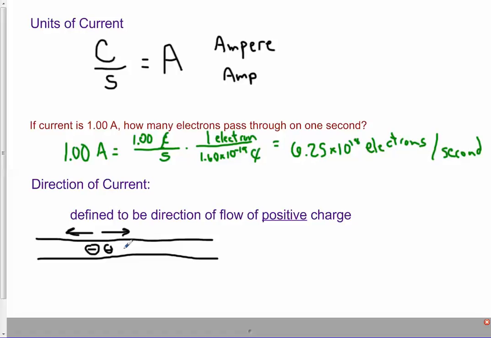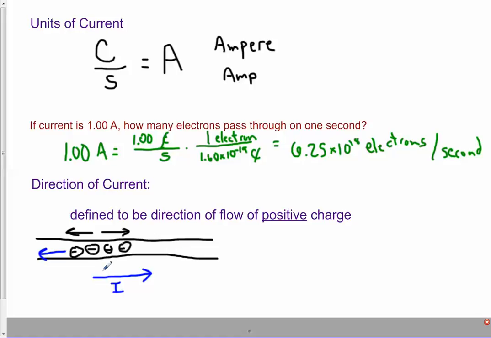So if we have electrons, let's say they're moving this way, that means negative charge is going to the left. So we would actually say the current would be going this way, because we want the current to be the direction of positive charge flow. It's usually not a big deal, but it takes a little bit of getting used to.